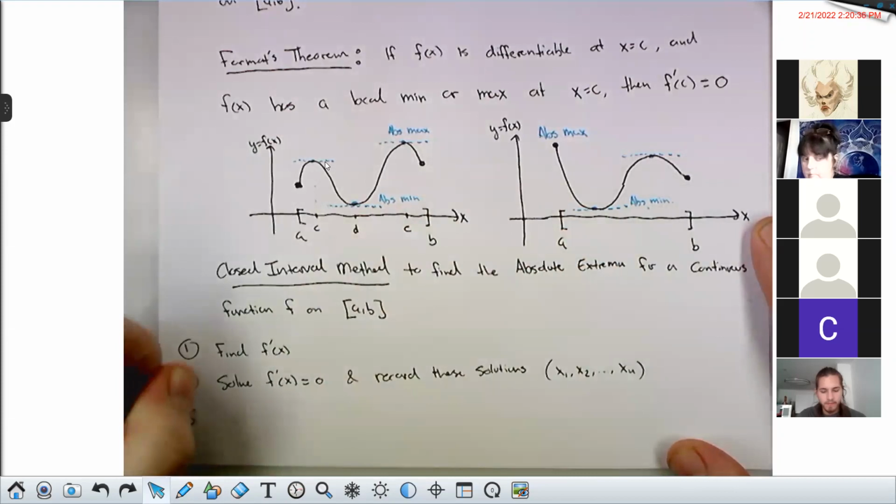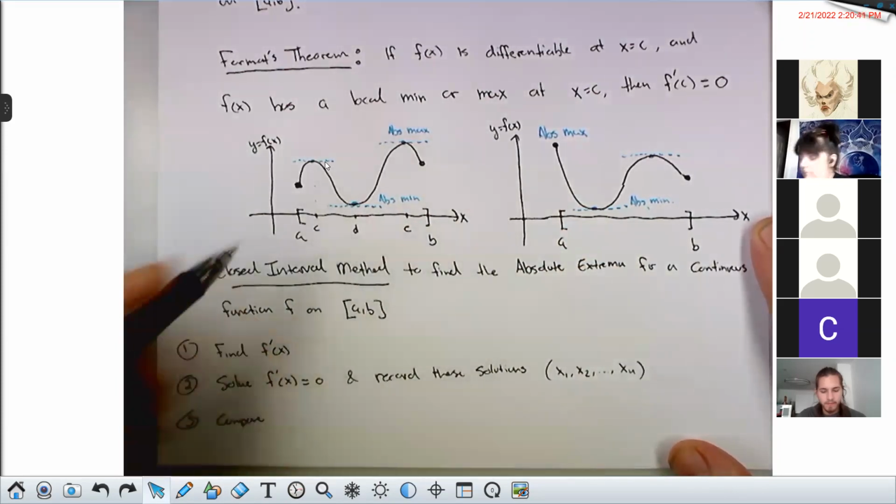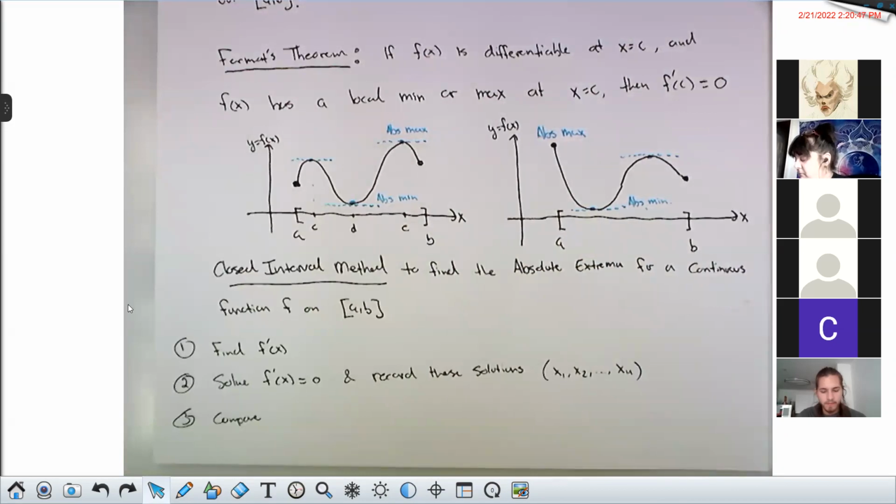Then finally, you just compare the y values on the graph at all of these x values and the endpoints, because the absolute min or absolute max could also occur at one of the endpoints.